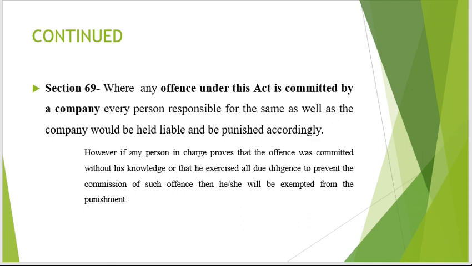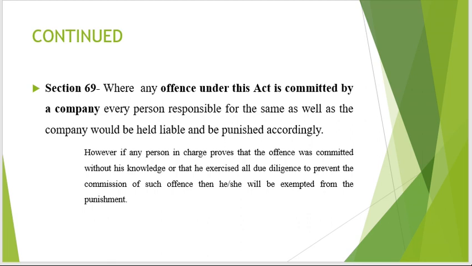The compensation would be paid from the accounts of the company itself and not the personal accounts of the members. So before we plunge in, we need to understand that under company law, the company and the members, the higher authorities, the CEO, the director of the company, are two separate entities.